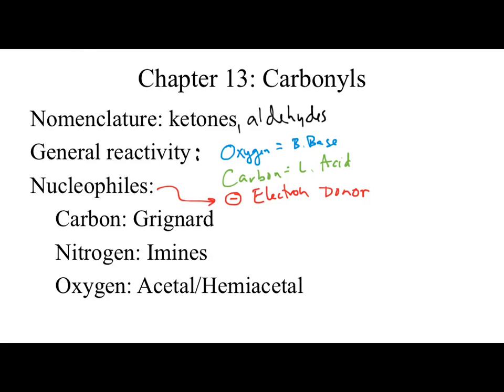Right? How often do we see carbon with a negative charge? Doesn't really happen. Okay? We've seen alkenes react, where they give up their electrons, but that's not really the carbon, that's the pi bond reacting. And the pi bond just happens to sit on one of those carbons or another. So to generate a nucleophilic carbon is not particularly easy.